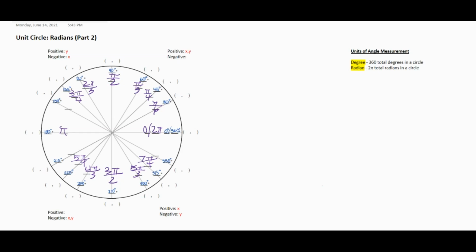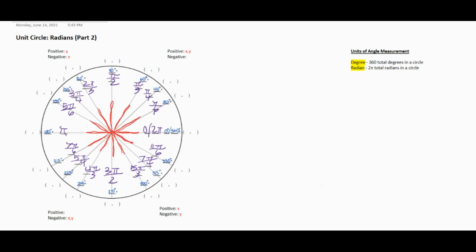Now that we know pi over 6 is equal to 30 degrees, we can fill in the corresponding angles for pi over 6. As you can see here, all the red lines are the corresponding pi over 6 angles. The new radians we have are 5 pi over 6, 7 pi over 6, and 11 pi over 6. The other corresponding pi over 6 angles were already filled in by other reference angles due to the fact that the radians were able to be simplified down to a smaller number.